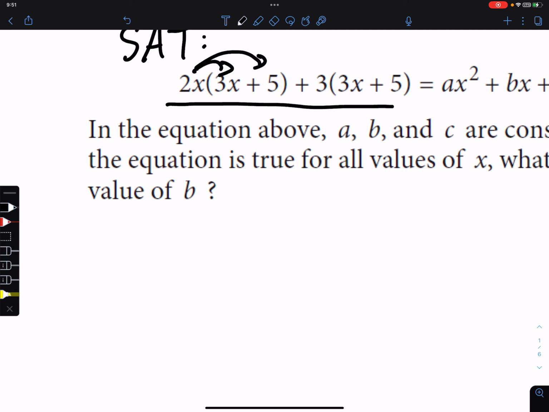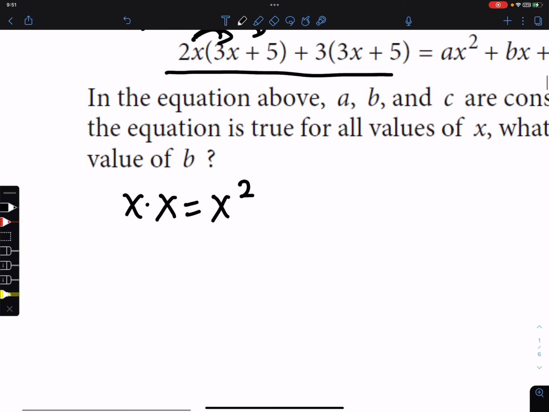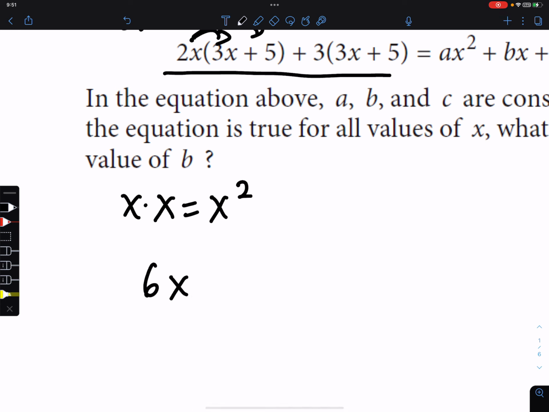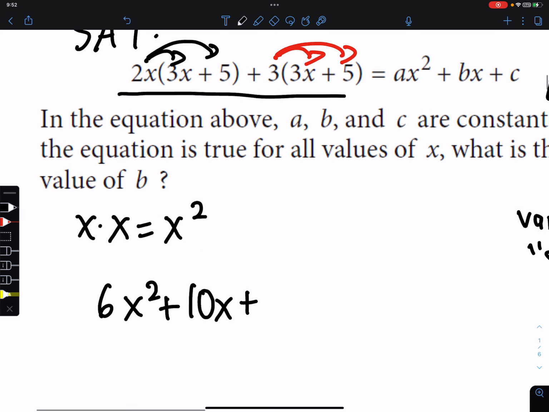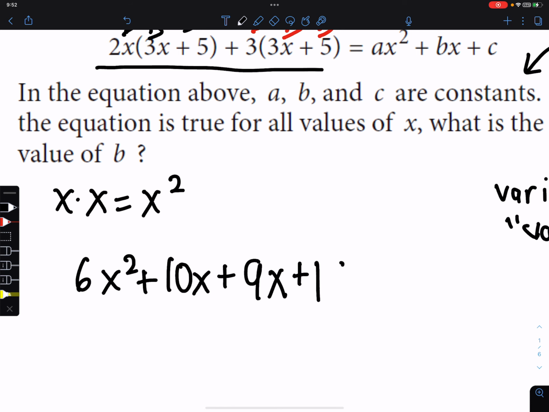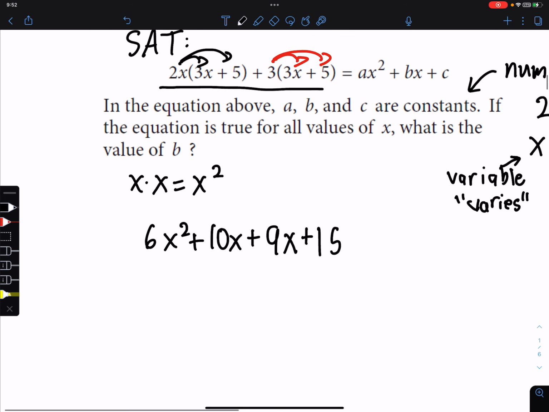Remember that x times x is x squared. So 2 times 3 is 6, and then we have x squared, plus 2x times 5 is 10x, plus, let's go ahead and distribute this 3, okay? 3 times 3x is 9x, 3 times 5 is 15, okay? And that is equal to the right side, so I'm just gonna write right-hand side, okay?